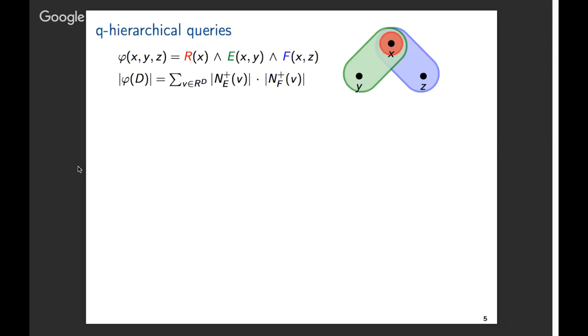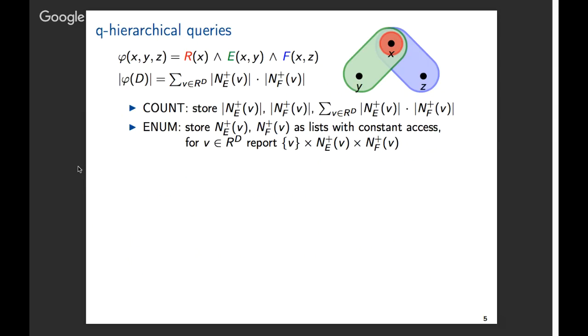This can be maintained with constant update time, because if we store the number of outgoing neighbors with respect to the relations E and F, as well as our result, then we can update these numbers in constant time if we have random access to the data structure. If we, for example, insert a green edge, then the out degree of only one vertex changes, so this can be done in constant time.